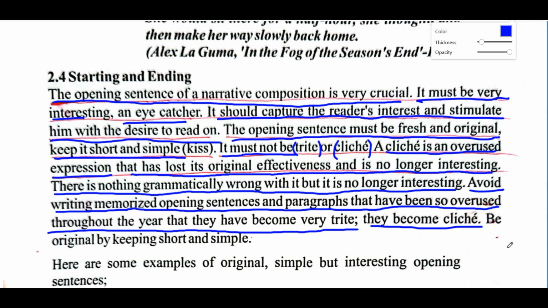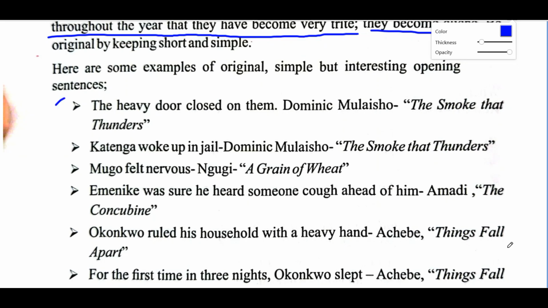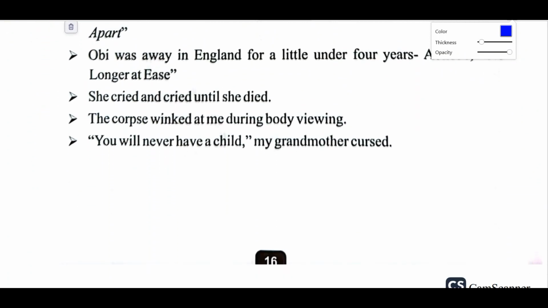So we need to come up with something new. You can look at these sayings as some of the expressions that you can use in future.